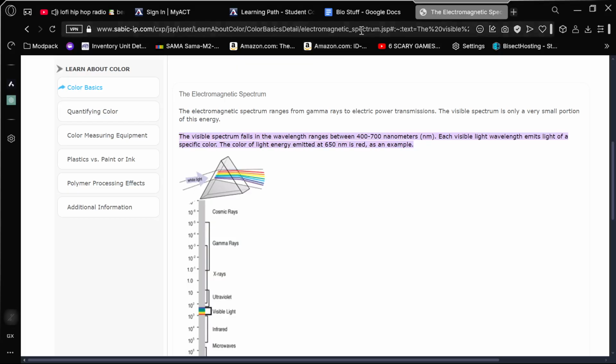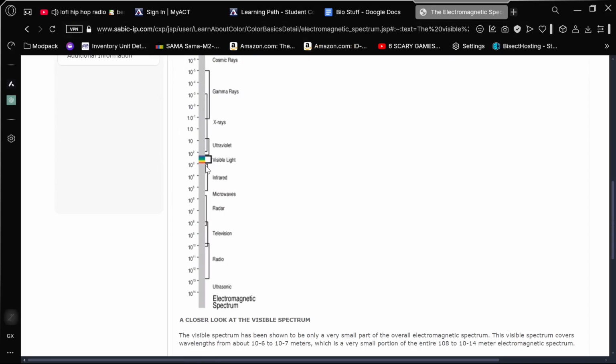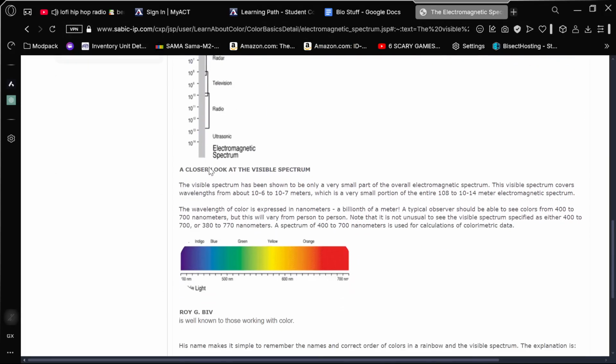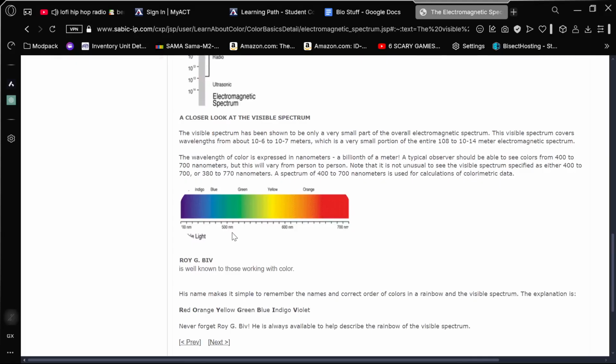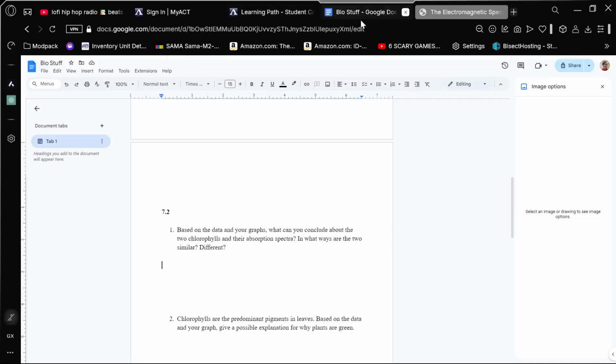Based on the data in your graphs, what can you conclude about the two chlorophylls and their absorption spectra? So when we look at our graphs, we see our wavelength for the two chlorophylls.